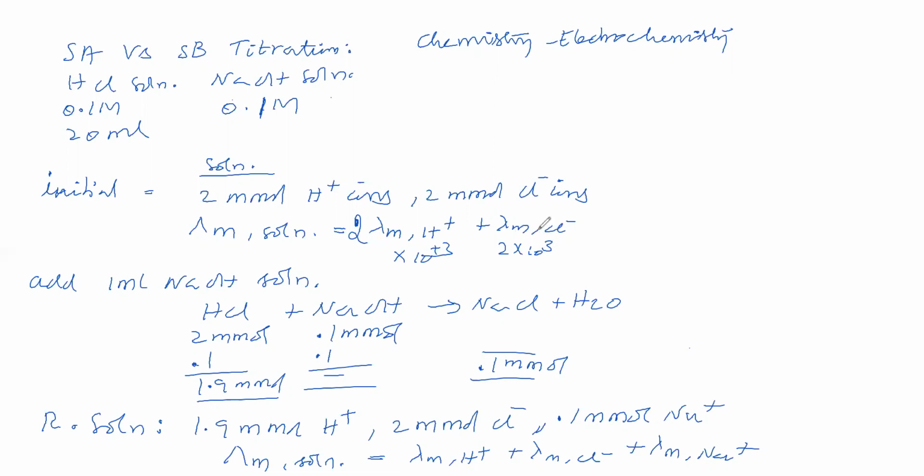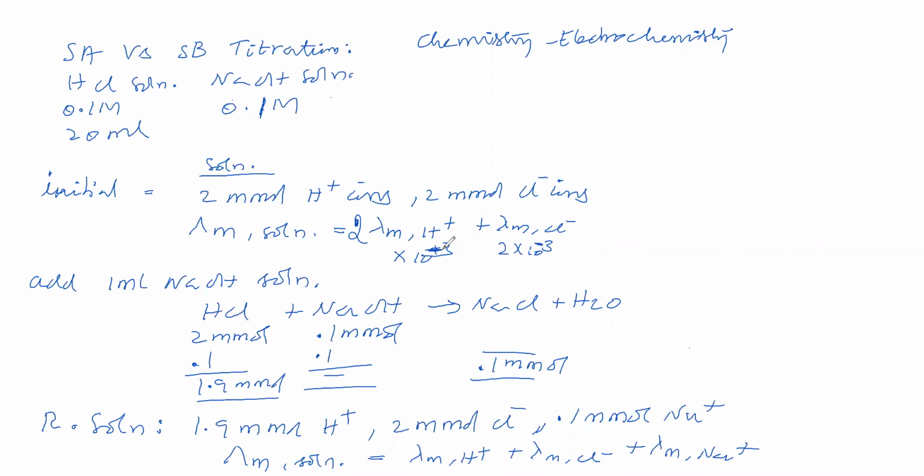This is for 1 mole, and here we have taken 1 millimole, so we have to take minus 3. Have you got an idea why we are multiplying lambda m of H plus by 2 into 10 power minus 3? Lambda m of H plus means molar conductivity shown by 1 mole of H plus ions.